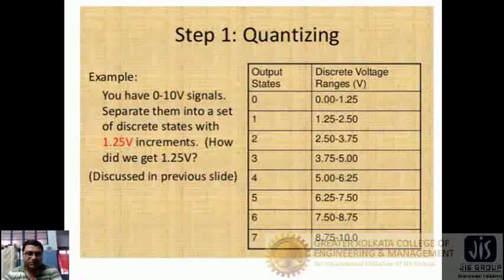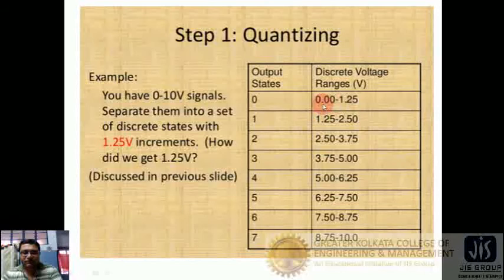So quantization: we have 0 to 10 volt signals. Separate them into sets of discrete states, each 1.25 volt, which we have discussed in the previous slide. So each step is quantized. For state 0, we take the limit of the input signal.